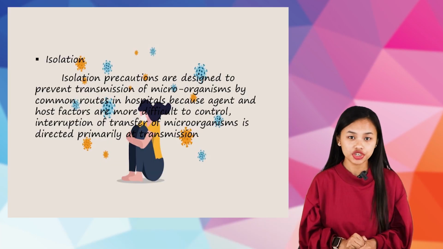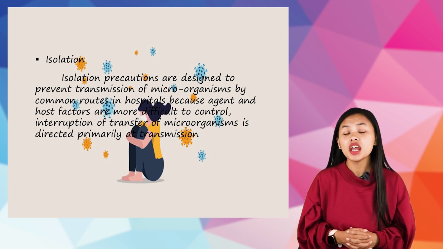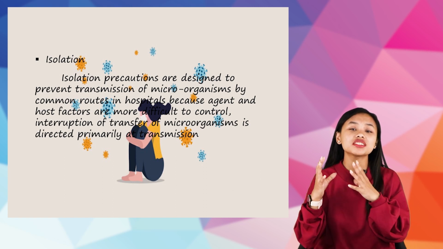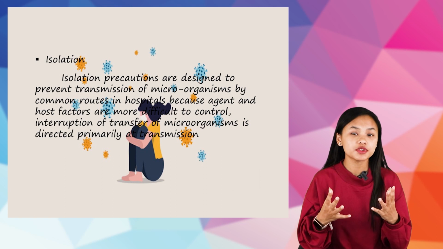Now moving on to the next, that is prevention. So how can we prevent this nosocomial infection from occurring? We can do it by various methods. The first one is isolation. Isolation precautions are specially designed to prevent the transmission of microorganisms through the common routes in the hospital.